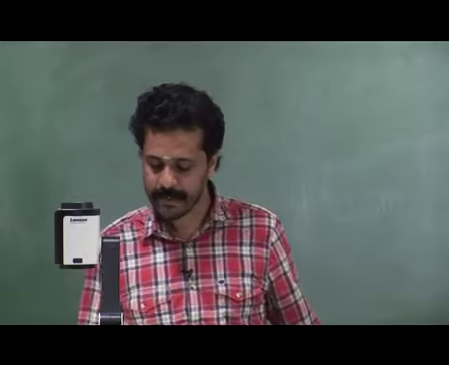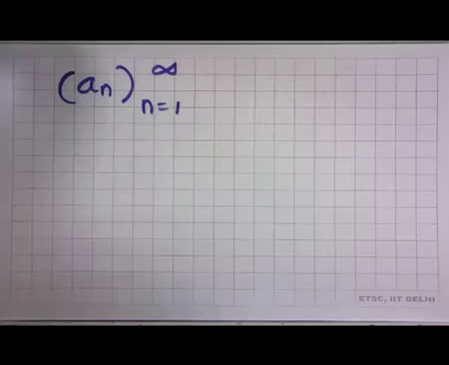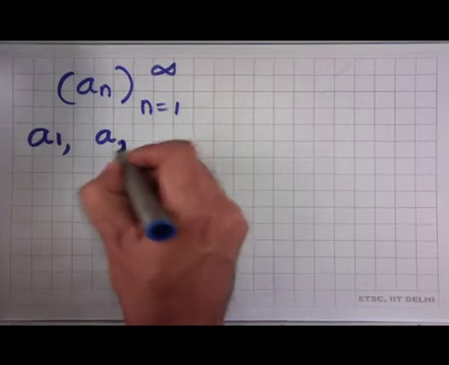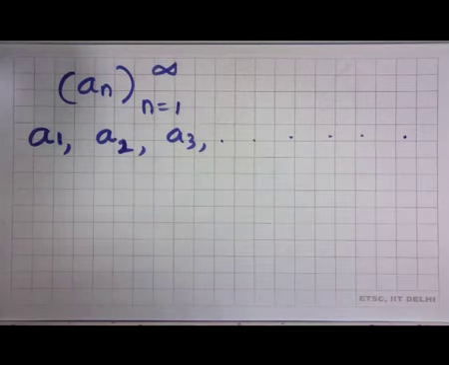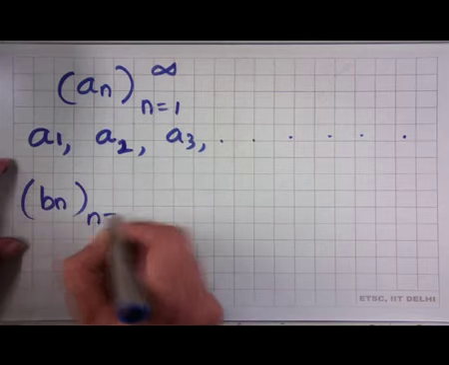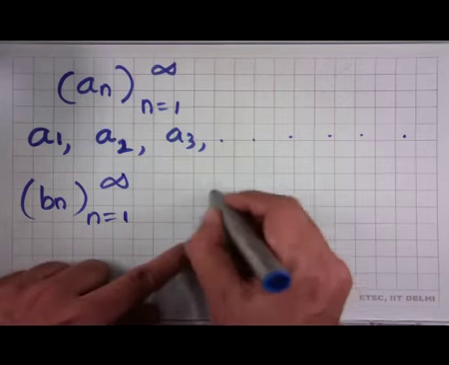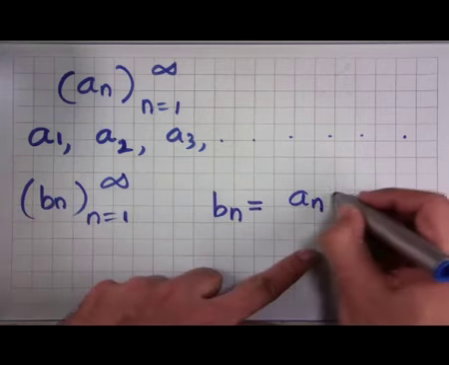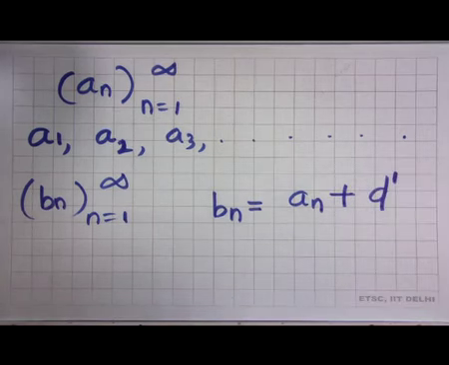That is, if we are given an arithmetic progression a_n, n equal to 1 to infinity, in expanded form a1, a2, a3 and so on, we construct a new sequence b_n, n equal to 1 to infinity. How do we do that? b_n is the nth term in the given sequence plus d dash.